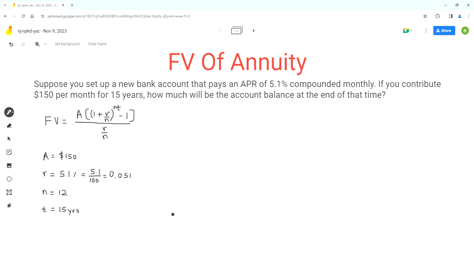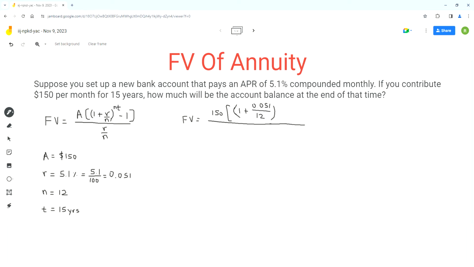In the next step, we can sub in these values in this formula to calculate the future value of the annuity. So we start with the left side. So left side is just FV. We know that A is 150, then brackets and parentheses, 1 plus the interest rate in decimal form, 0.051 over 12, and then close the parentheses.